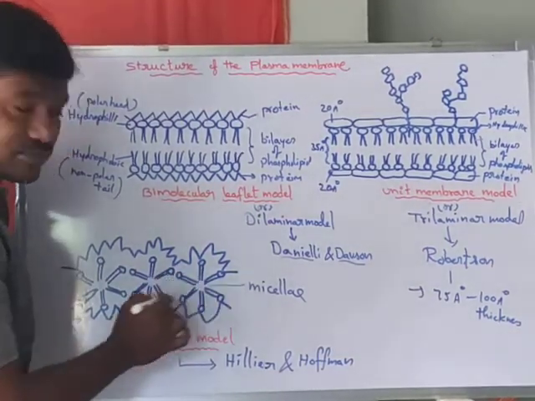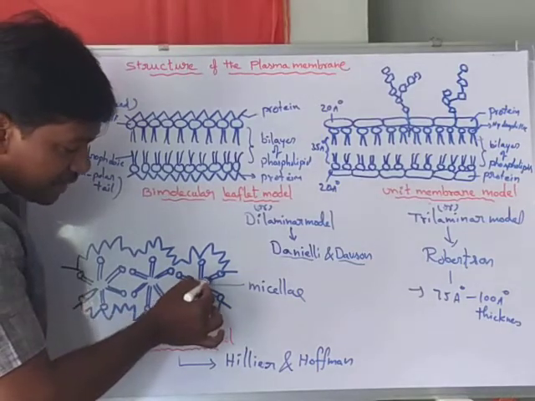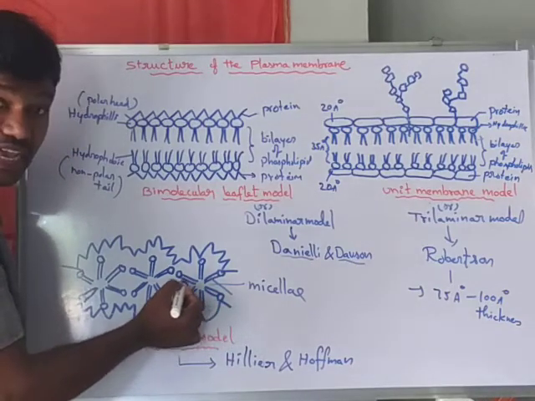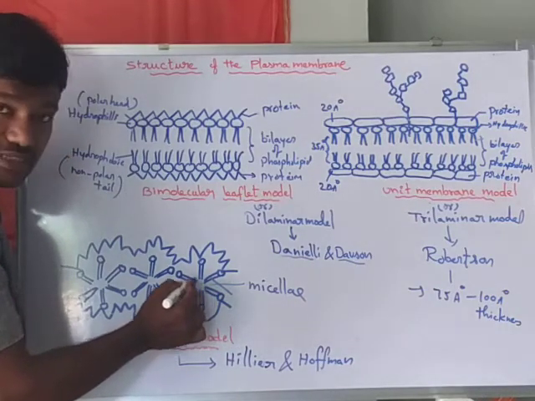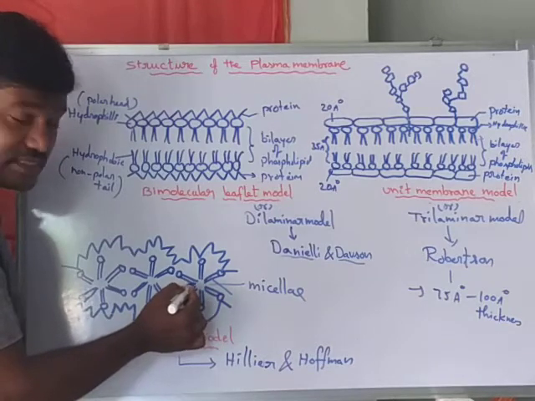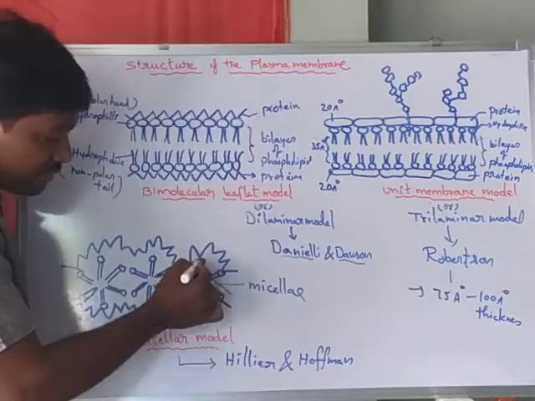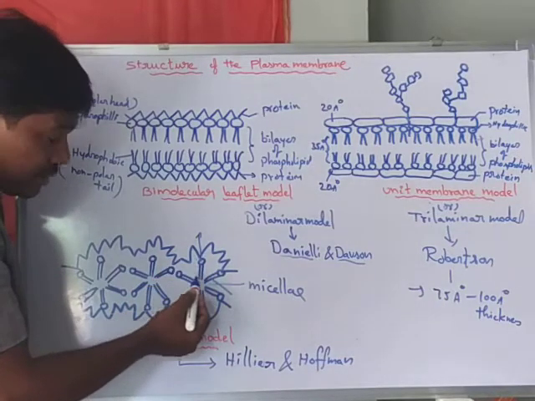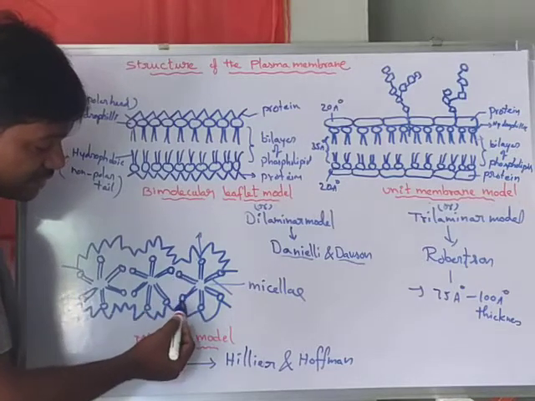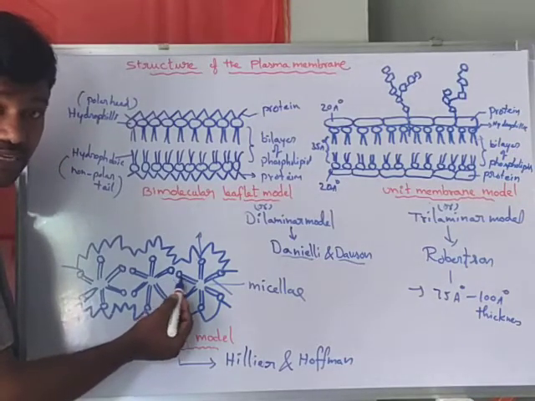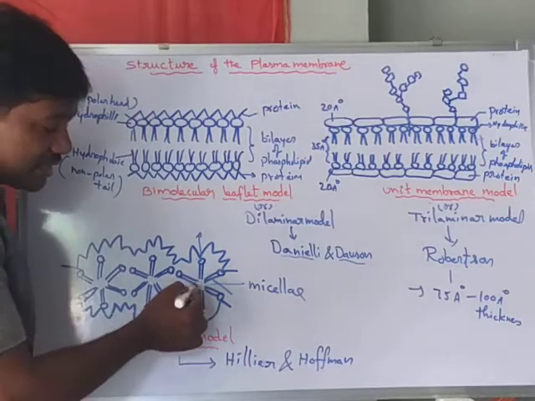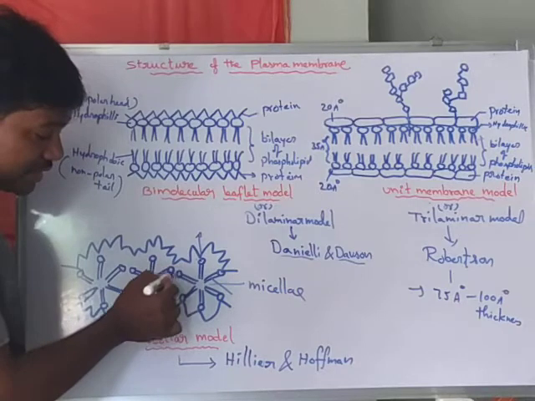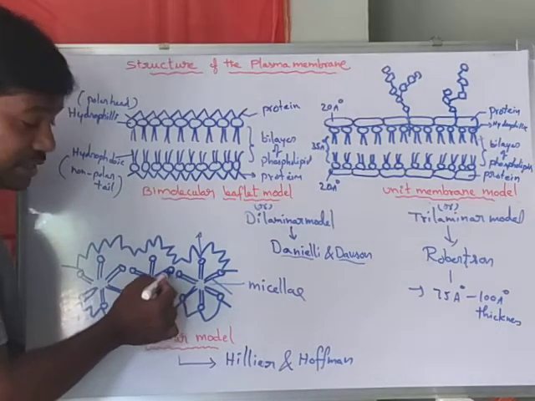In these phospholipids, the hydrophobic part is arranged around the central axis, and the hydrophilic polar head is arranged on either side of the phospholipid.